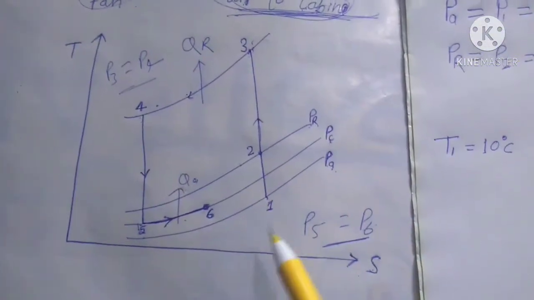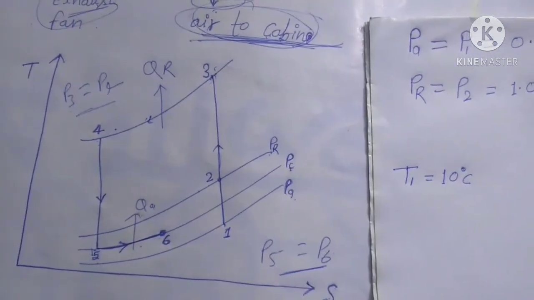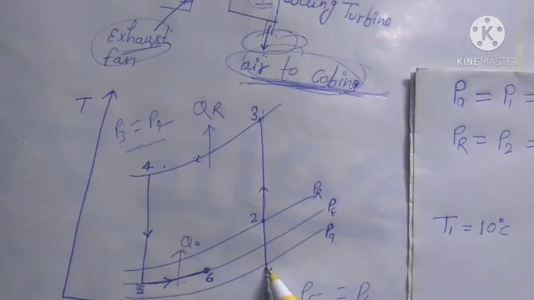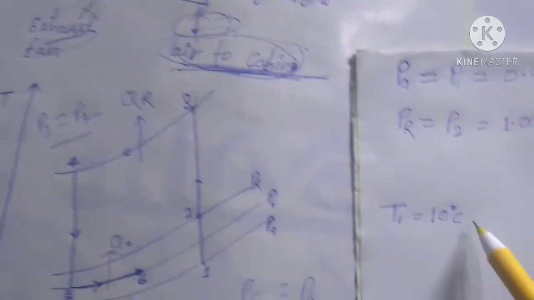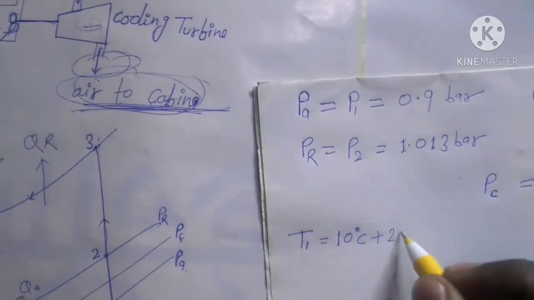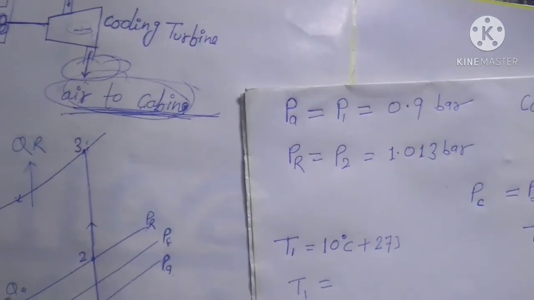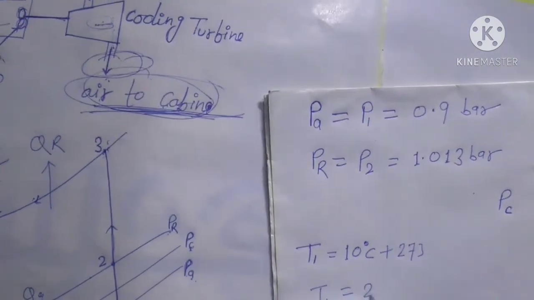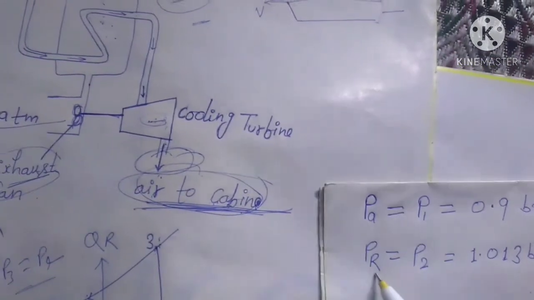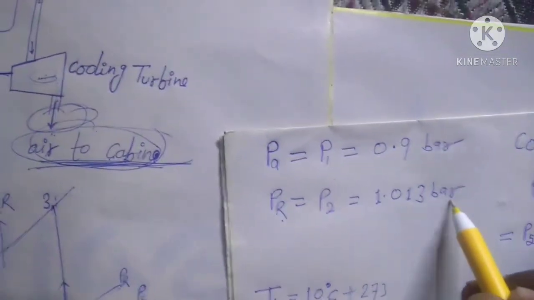And temperature T1 is given as 10 degree Celsius; you convert it into Kelvin by adding 273, and it becomes 283 Kelvin. And PR, that means ramming pressure at the end of ramming, is given as 1.013 bar.